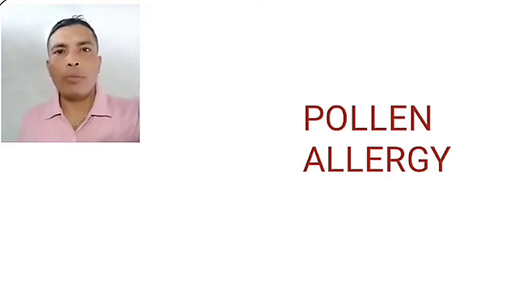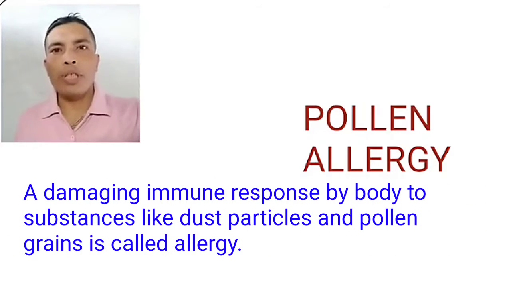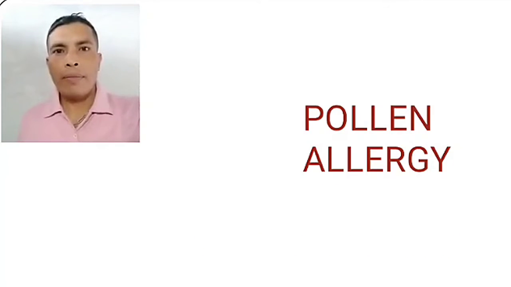Now let us know about pollen allergy. What is an allergy? A damaging immune response by the body to substances like dust particles and pollen grains is called allergy. So the allergy caused by pollen grains is known as pollen allergy.